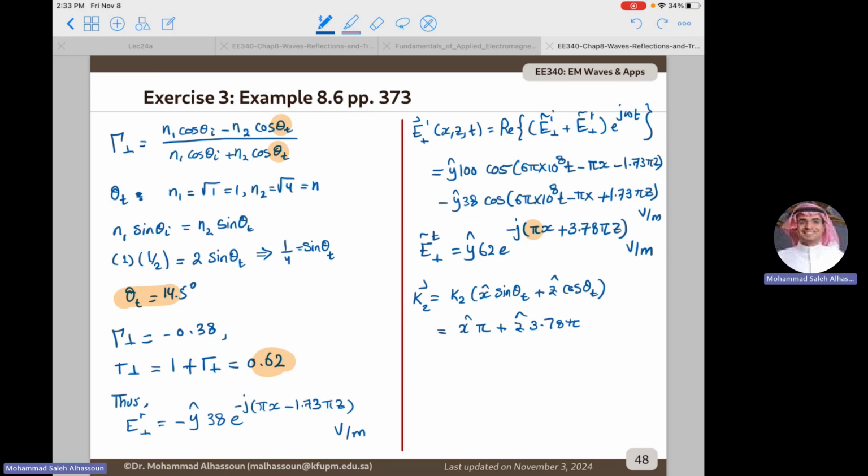Okay, so let's write the time domain form of the electric field in medium 2.